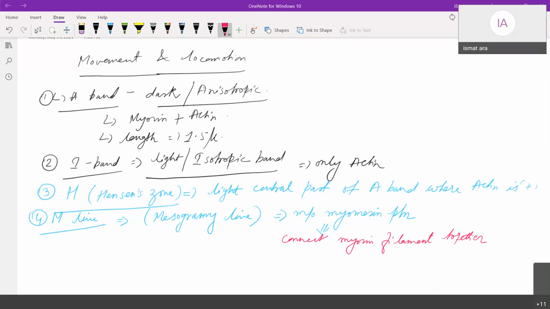And the last one, which line is left? Students? Z line. That is the Z line. Now, what is the other name of Z line?